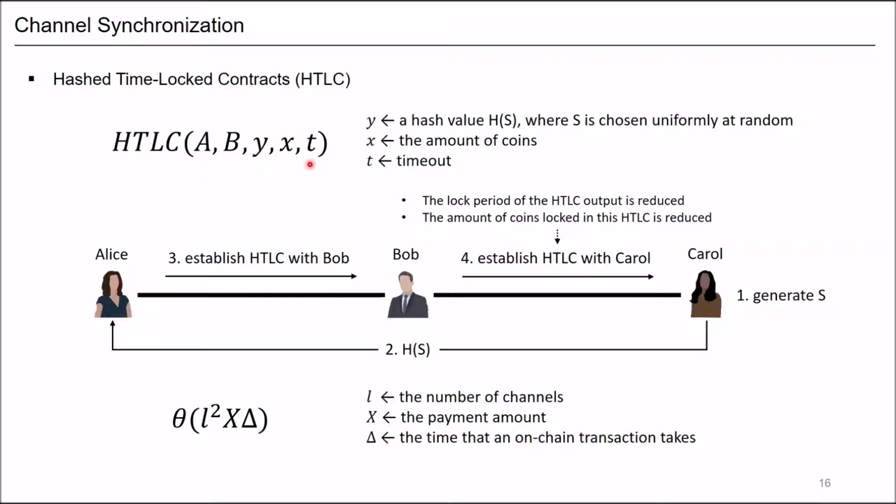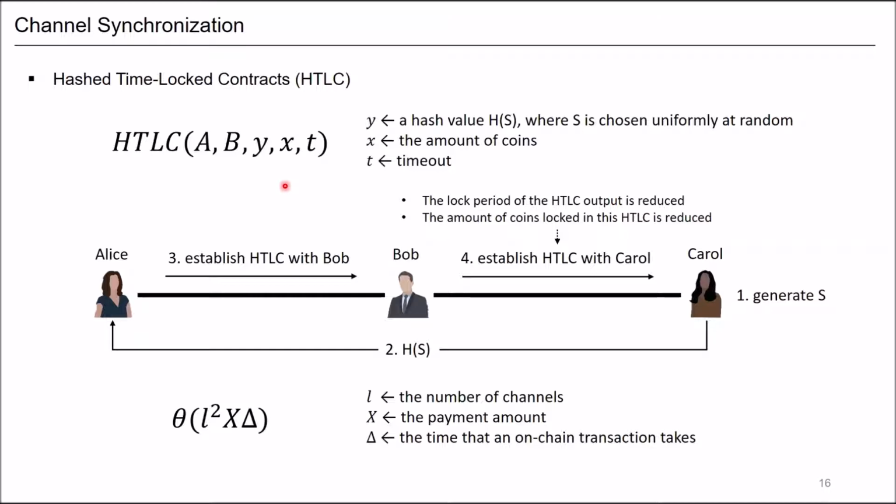HTLC(A, B, Y, X, T) relies on a collision-resistant hash function H. A hash value Y equals H(S), where S is chosen uniformly at random, the amount of coins X, and a timeout T. If B produces a value S such that H(S) equals Y before timeout T expires, B gets the locked X coins. Otherwise, if timeout T expires, the locked X coins go back to A.